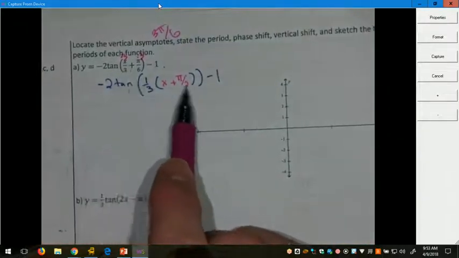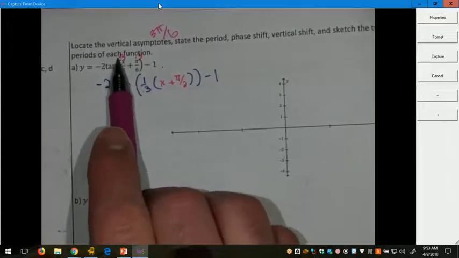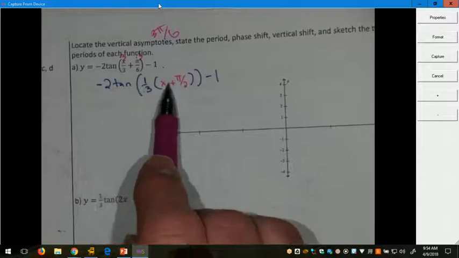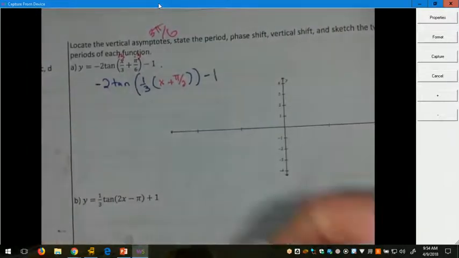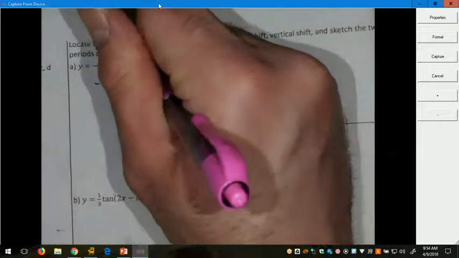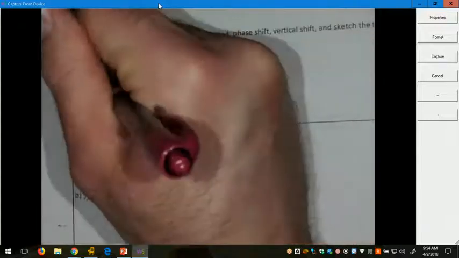So all I've done to go from here to here is factored out the 1/3 or divided by 1/3, same as multiplying by 3. So that's the same function, but now I can see the value of b and h, and I already could see the value of k and a.